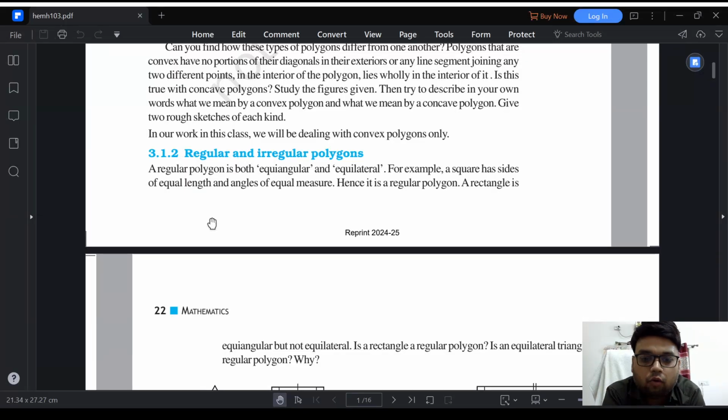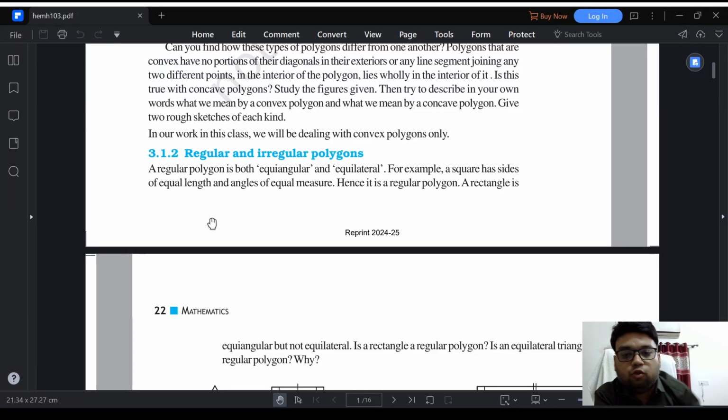I am giving you a one line definition: a regular polygon is any polygon having sides and angles equal. Any figure having equal sides and angles is called a regular polygon. And if any one side or any one angle is not equal compared to the other angles or sides, then it is termed an irregular polygon.